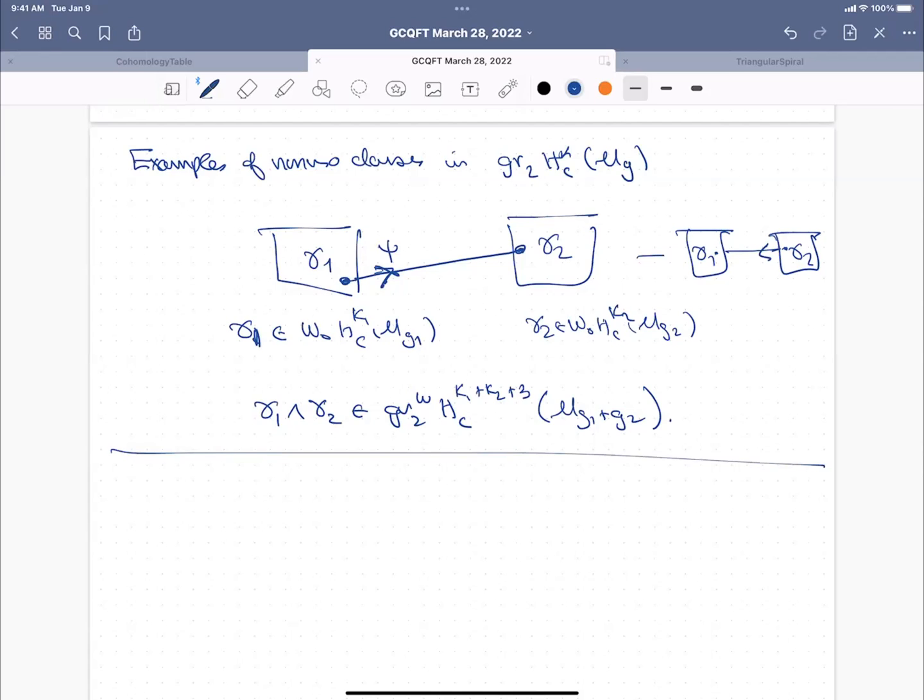Okay, let me just take maybe 2 minutes to sketch a couple of words. I hope that at least sort of orients you to the motivation and structure of what we're doing. A couple of the main steps in the proof would be, so we want to filter by the number of vertices. And so there's a spectral sequence associated to that filtration.